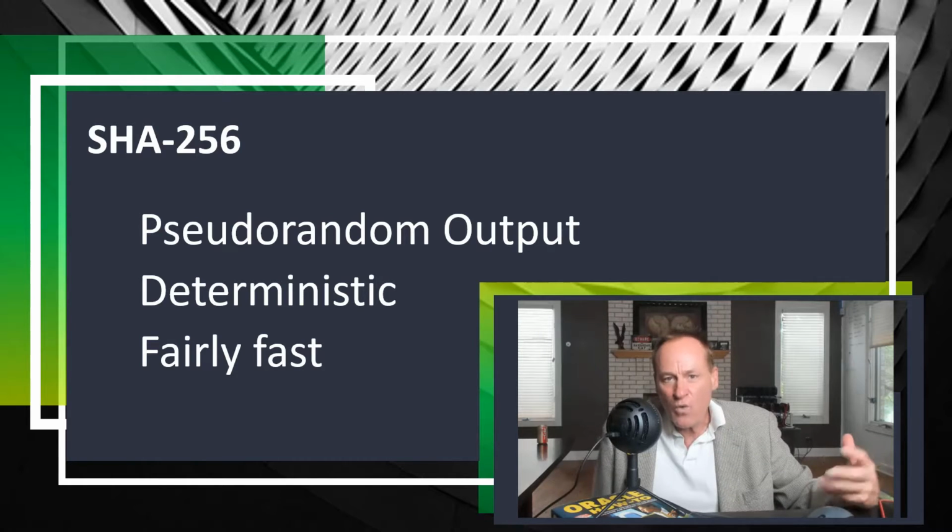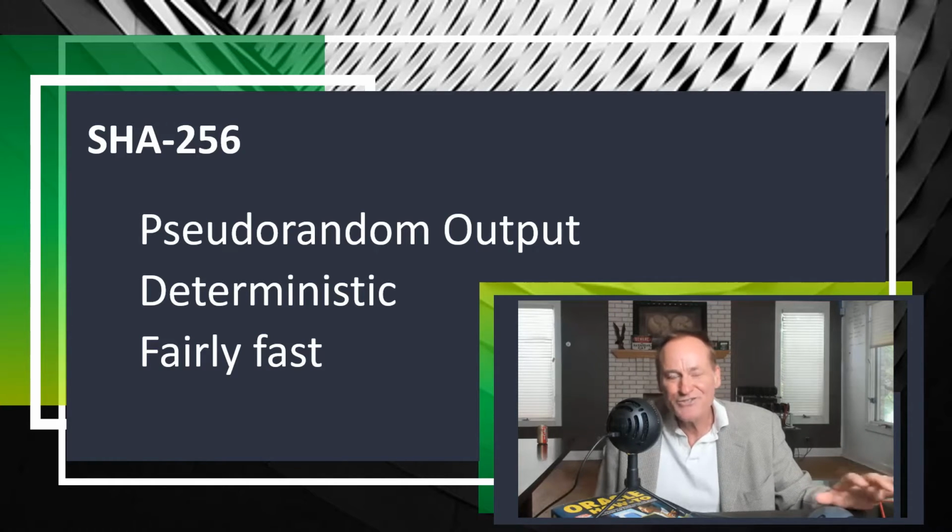Now, SHA-1 was introduced by the NSA in 1995, and SHA stands for Secure Hash Algorithm. So what you're basically doing with SHA-256, which is the 256 version of SHA-1, is taking data of any size and folding it over and compressing it and boiling it down to 256 bits.